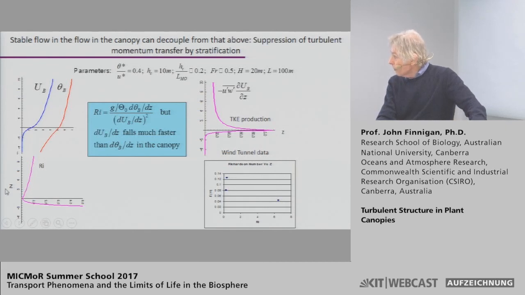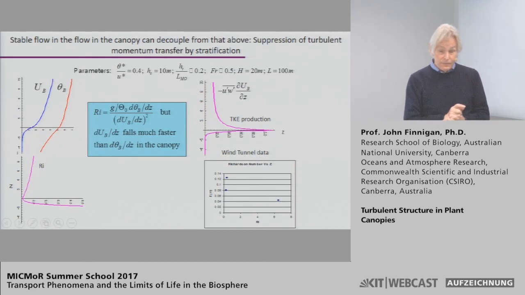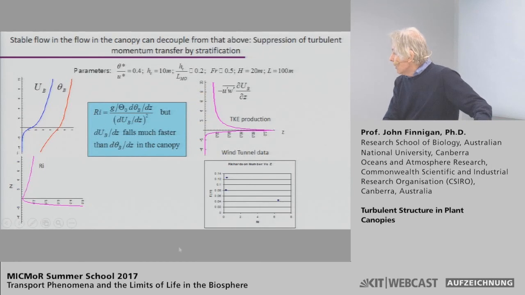So when we form that ratio, the Richardson number has a minimum near the canopy top, where the shear is highest, at the inflection point. But as soon as we get into the canopy, because the velocity gradient shear drops very quickly, the Richardson number goes screaming up to order 10, which kills turbulence completely. And this is measurements in the wind tunnel.